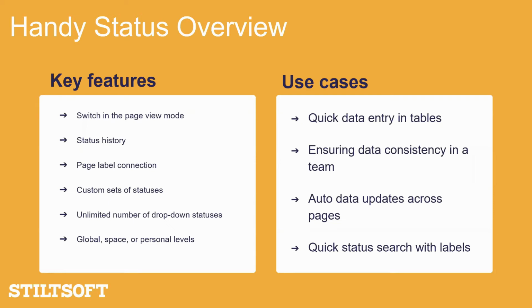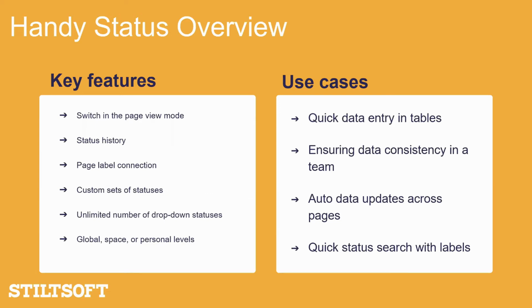The number of values for status sets is not limited, so you can have as many drop downs for each set as you need. And levels, as I mentioned, are different, so it's up to you on which level you can create handy status.